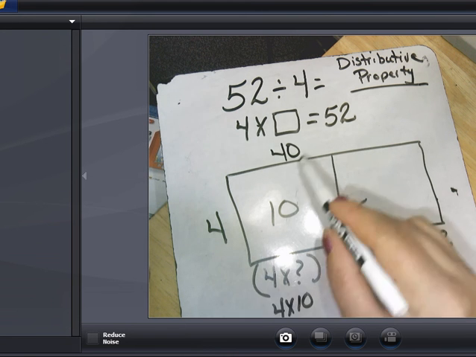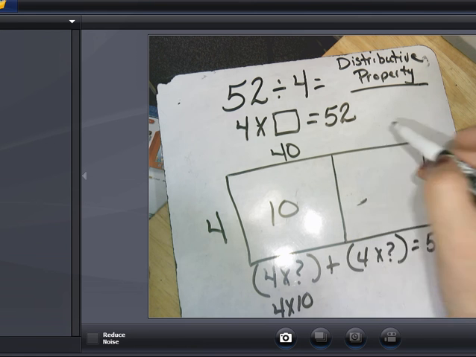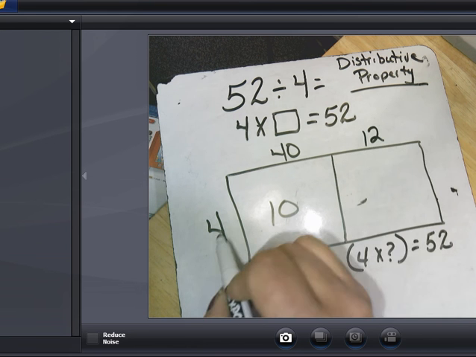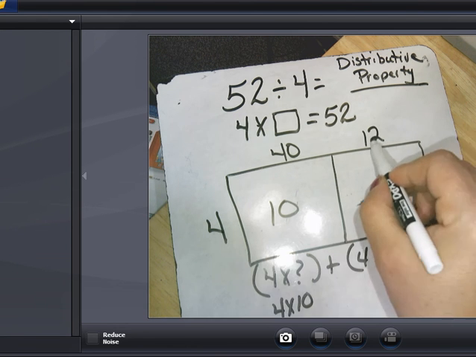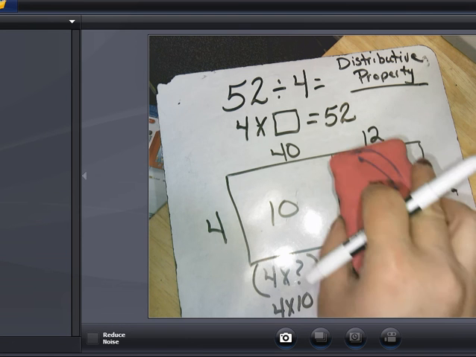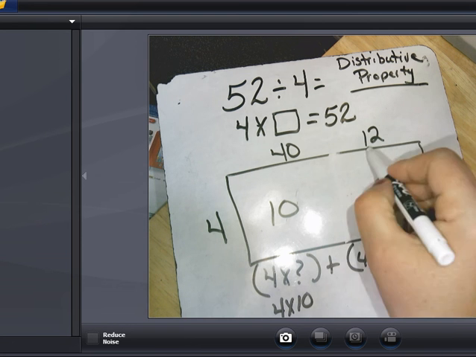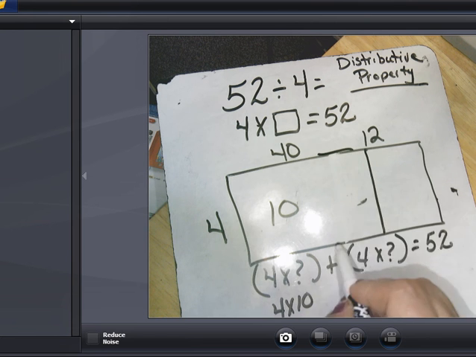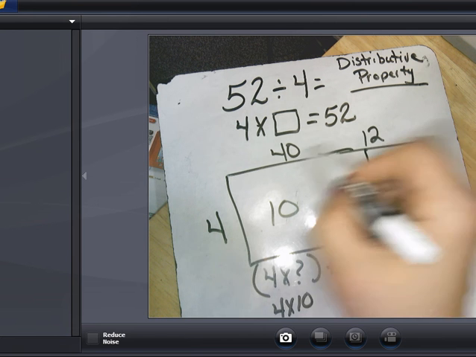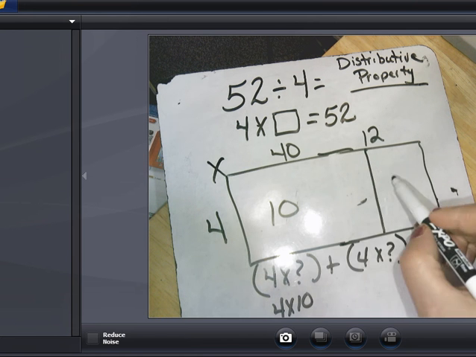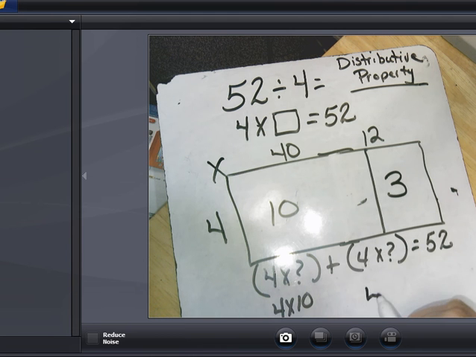So I have 40 up here. What do I have left over to get to my 52? Well, I have 12. So 4 times what will get me to 12? Well, I know 4 times 3. So 4 times 3 equals 12. If I put those together, I get 52.